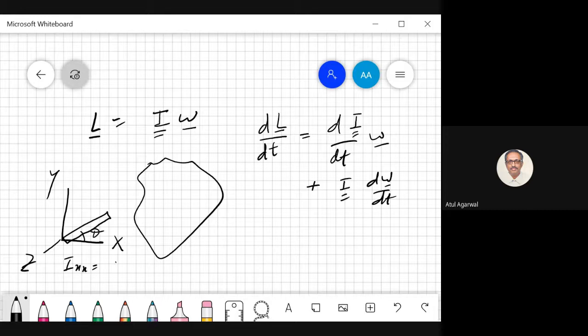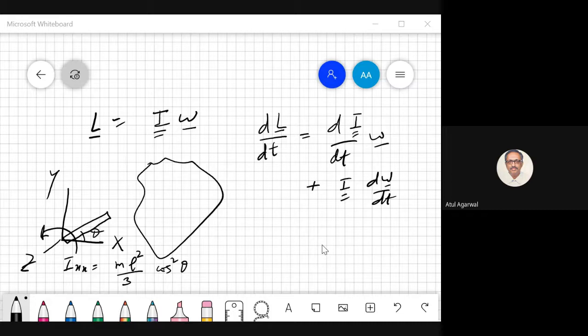It was some ml square by 3 cos square theta. If my rod is rotating, then I-axis will also keep changing as theta changes. So I-axis is a function of time if theta is a function of time. So we cannot say that our moment of inertia tensor is a constant.